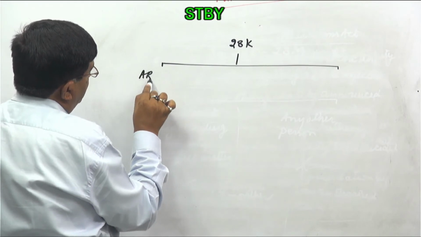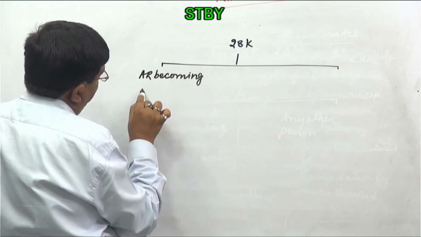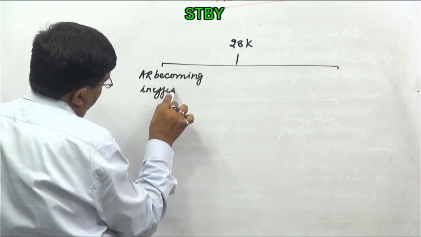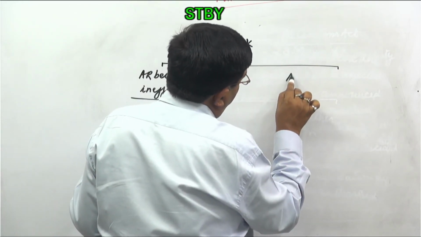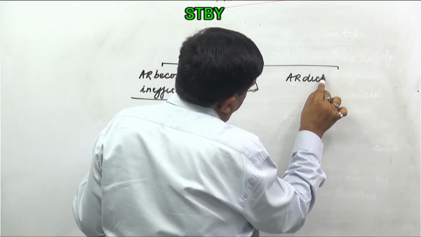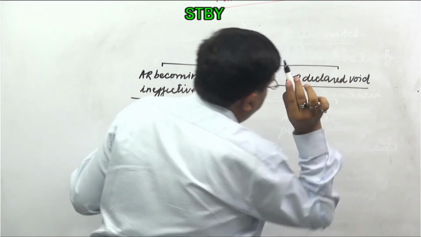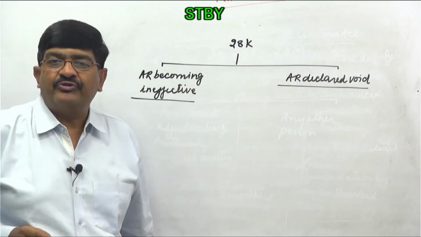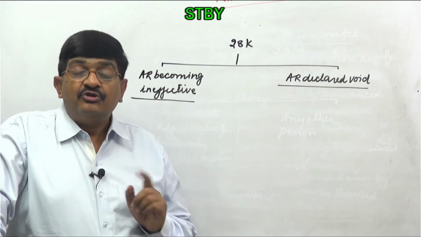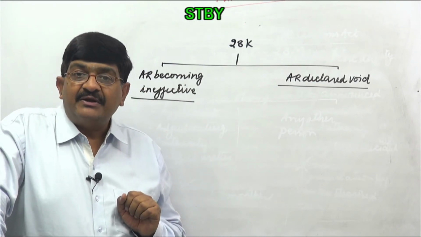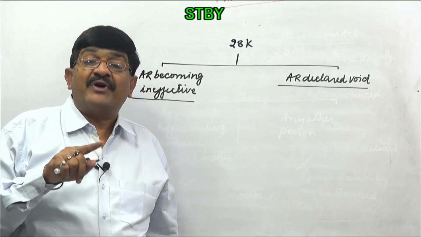Advance ruling becoming ineffective and advance ruling declared void. There is a huge difference. Now, when the advance ruling are given, that is based on the law as on that day. What will happen if the tomorrow law itself gets amended? Then if the law gets amended, the advance ruling will no more be further effective.